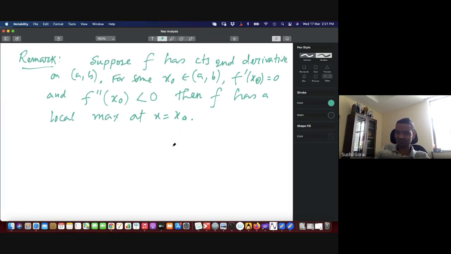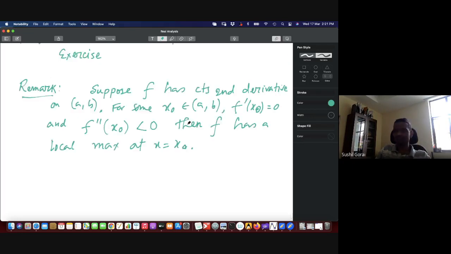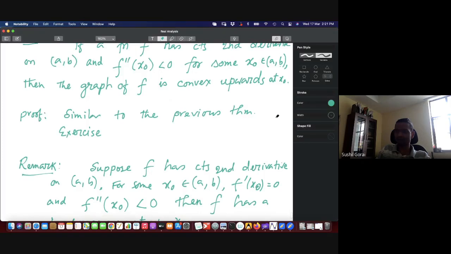So the picture is something like this. In this case, consider this point and look at the tangent.